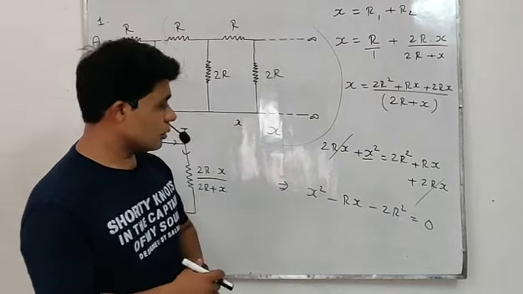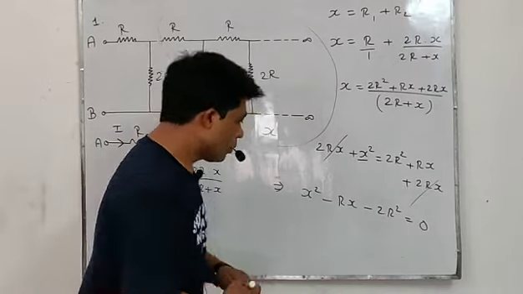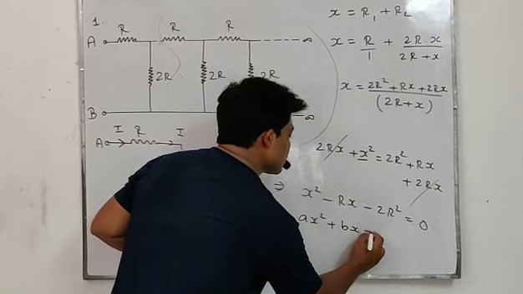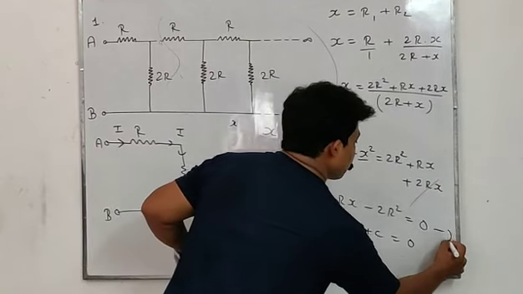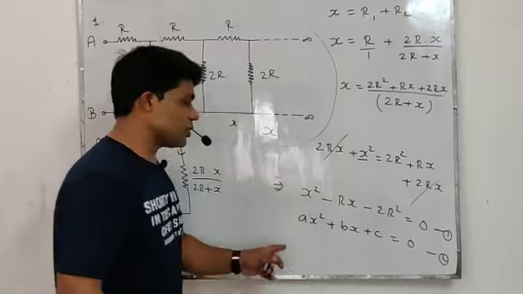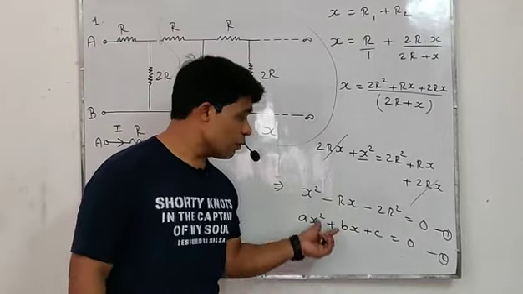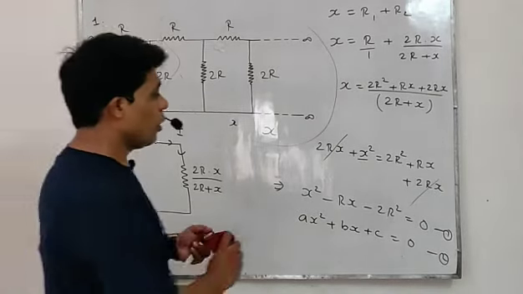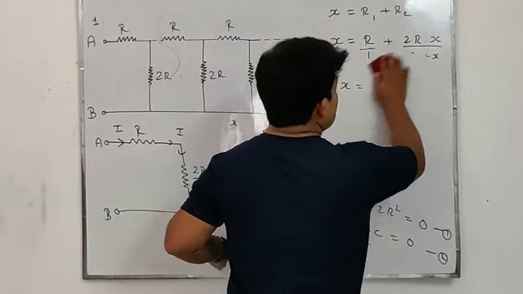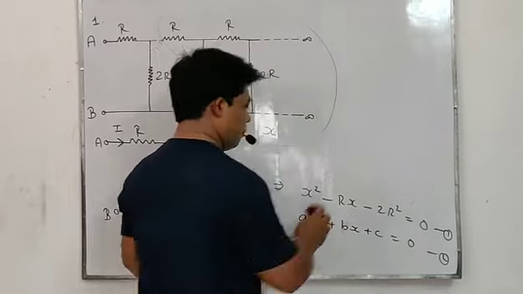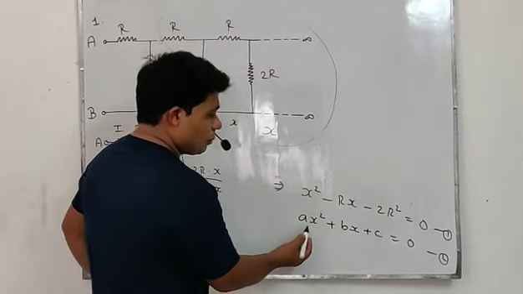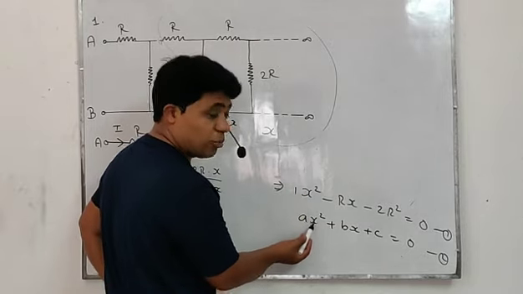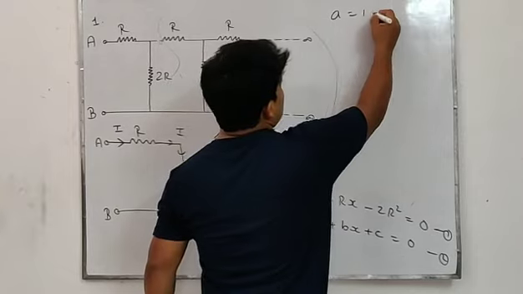So let's start. Students, for solving this we have to take help of the equation ax square plus bx plus c. This is a quadratic equation, and we have to use this equation for solving this. Now compare, students. Look, the multiple of x square is 1, so a is 1.